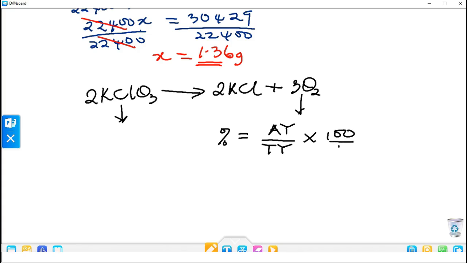If you wish, over 1. So, this is how to calculate our percent yield. And we are asked to calculate the percent yield of oxygen. So, how do we proceed?